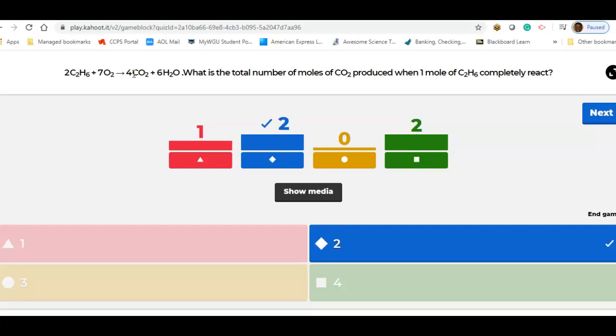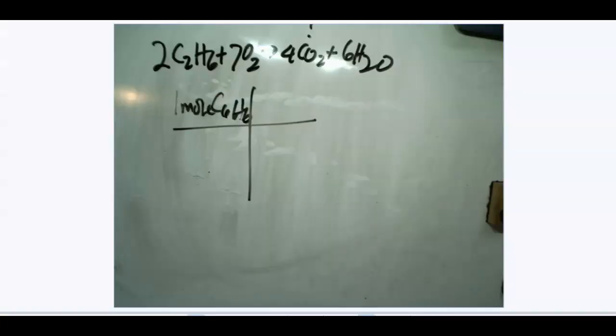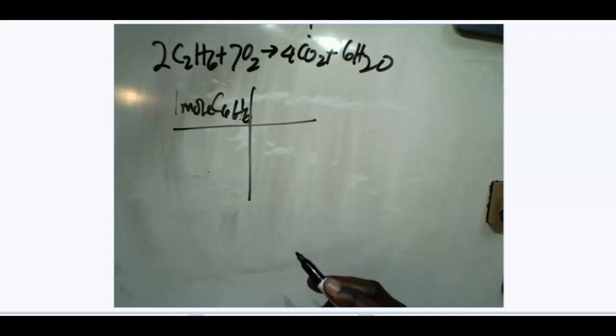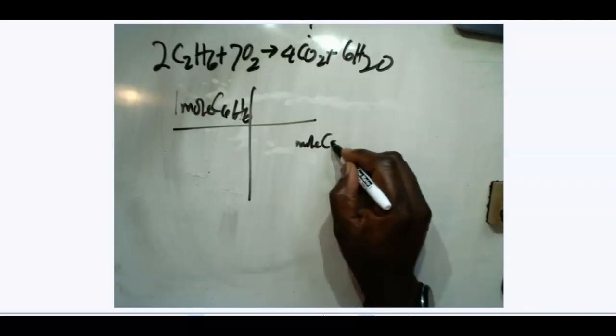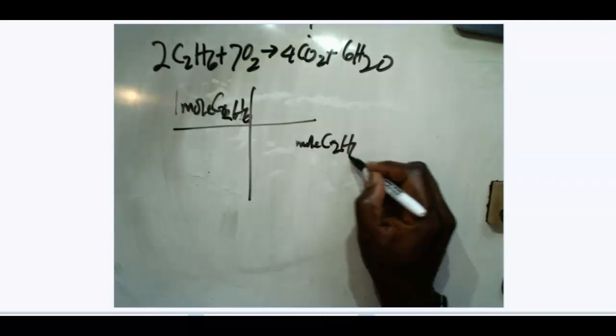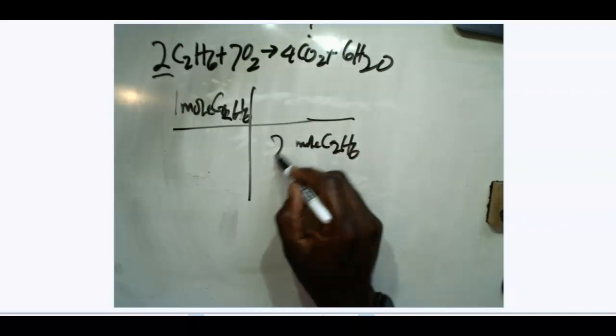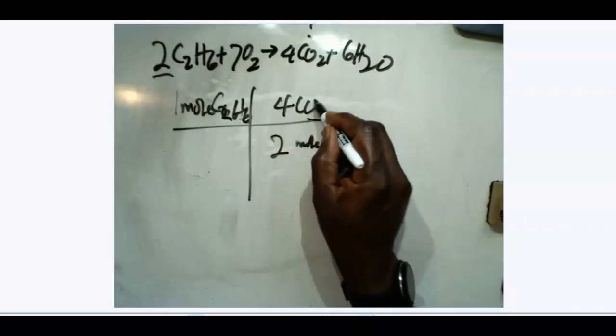The mole ratio of C2H6 is 2, and we're looking for CO2, that's 4 CO2.